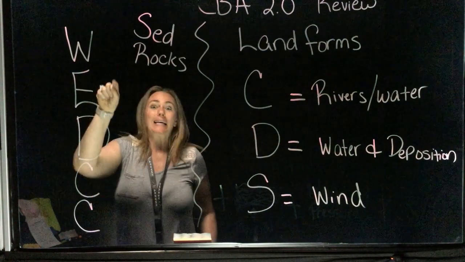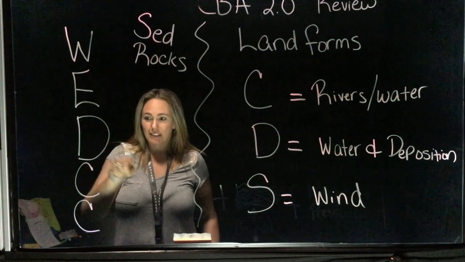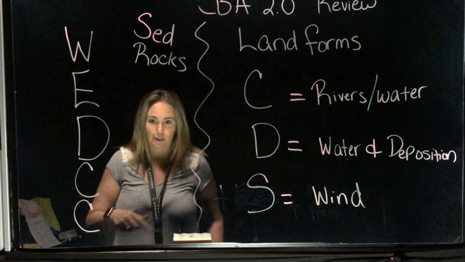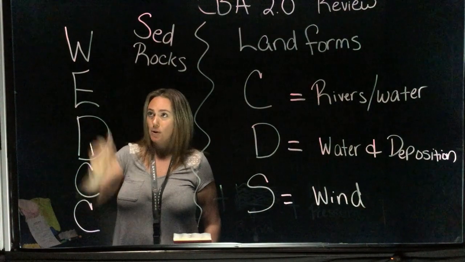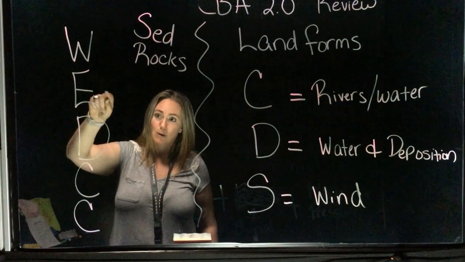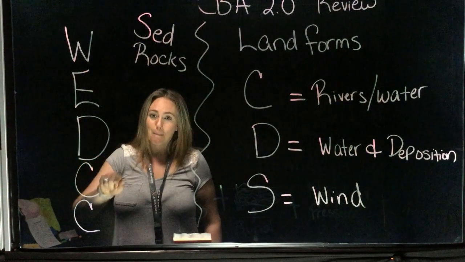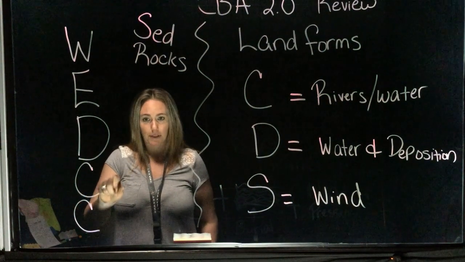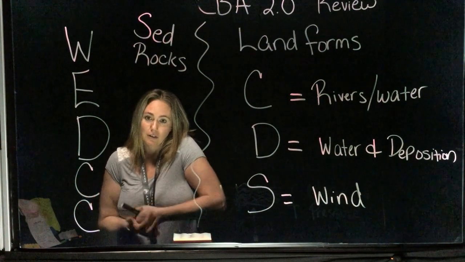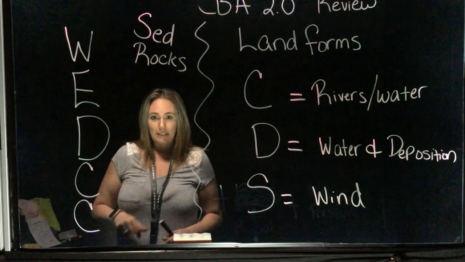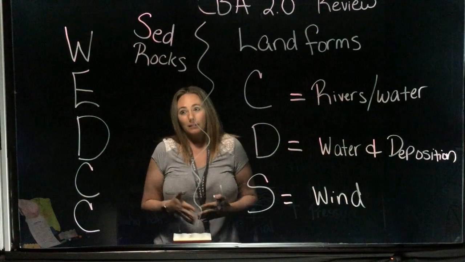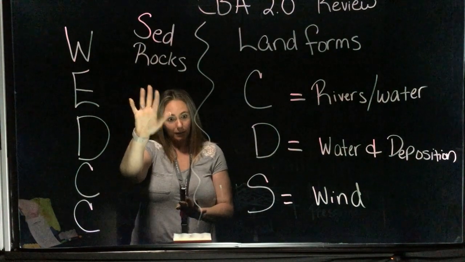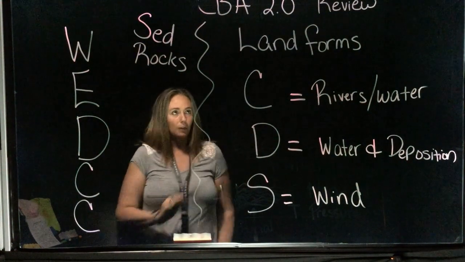Or we eat delicious chocolate cupcakes, or, you know, whatever works for you. But at the end of the day, you know you need weathering, erosion, deposition, compaction, and cementation. Remember, compaction is just the pressure, okay? And then cementation is the glue, and it sticks it all together. All right. That's sedimentary rocks. Different than fossil fuels.